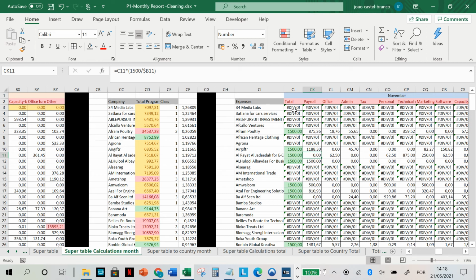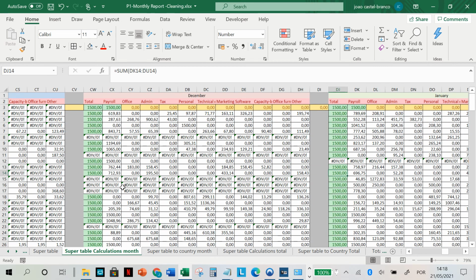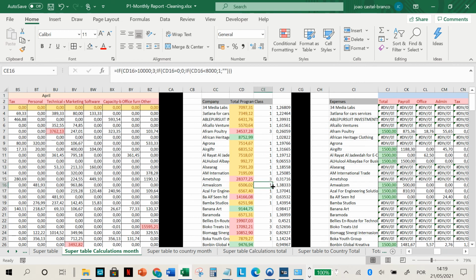So the businesses that didn't put any expense will have a zero, since this divided by zero is a zero, and the others will have 1,500. So every total would be either not listing any expense, or 1,500.